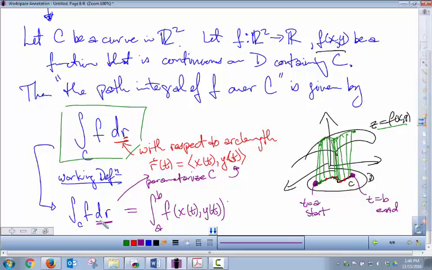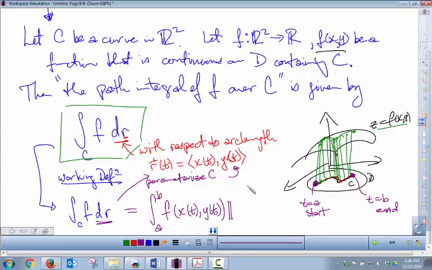It's a square root of x prime of t squared plus y prime of t squared.